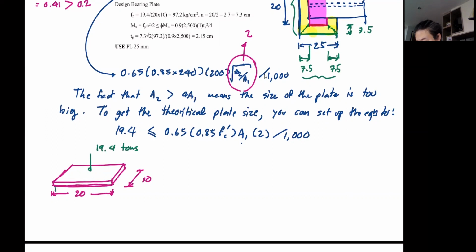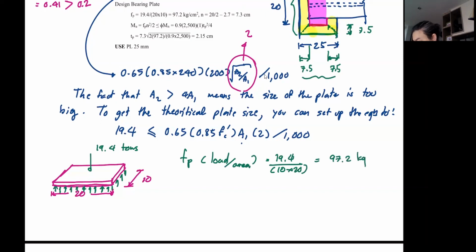So now you can calculate the uniform load. It's a load per area, correct? So the FP, or the load per area, is 19.4 divided by 10 multiplied by 20. So that gives us the uniform load of 97.2 kilogram per square centimeter.